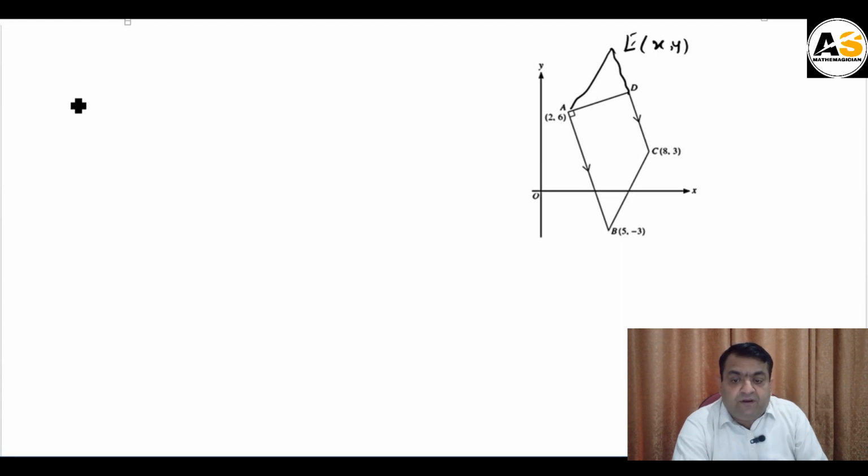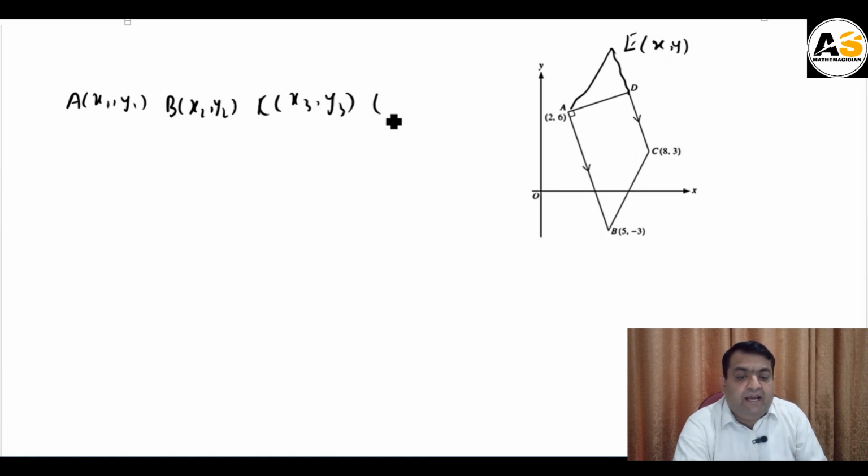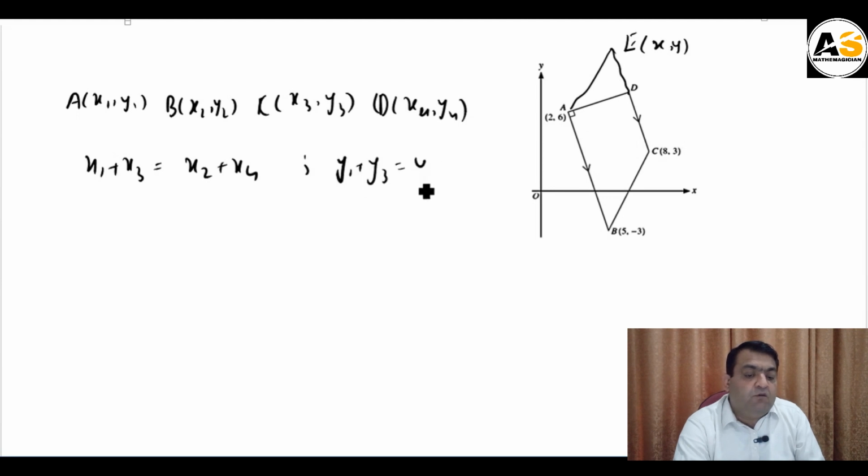You know that if there are 4 vertices of a parallelogram, A (x1, y1), B (x2, y2), C (x3, y3) and D (x4, y4), we have x1 plus x3 is equal to x2 plus x4 and y1 plus y3 is equal to y2 plus y4.